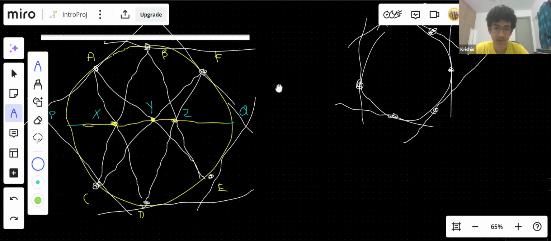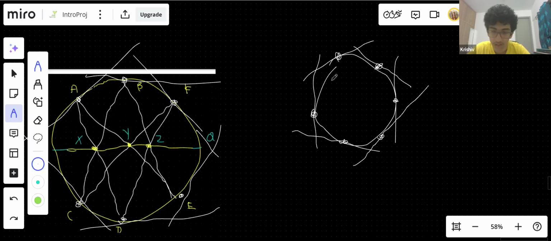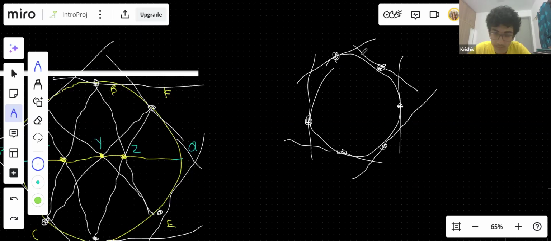What does AE cap CF become? If this is A, this is B, basically it becomes a line, the main diagonal, right?